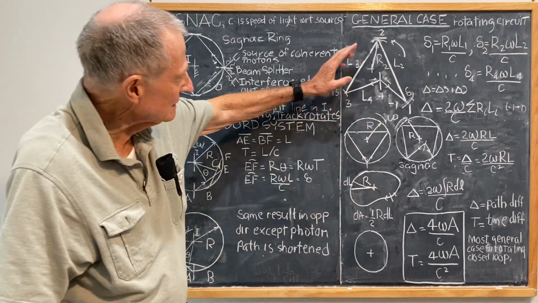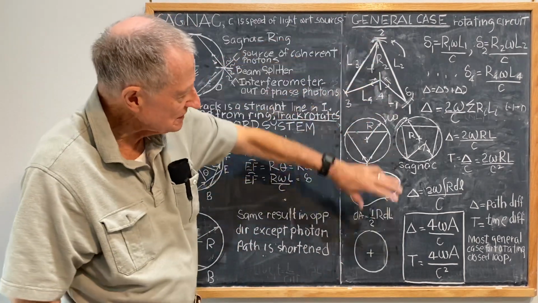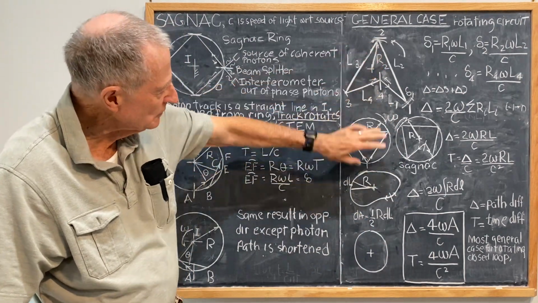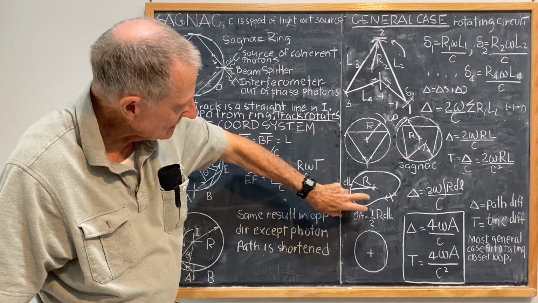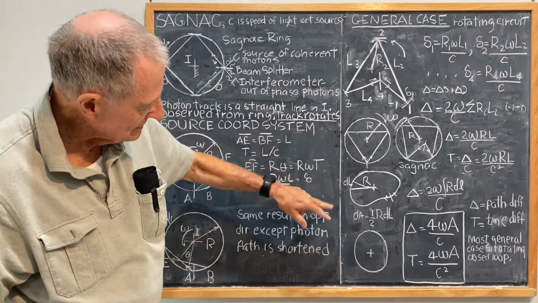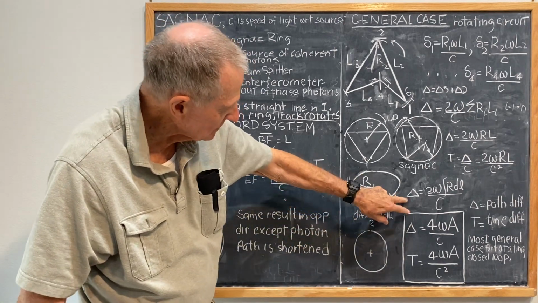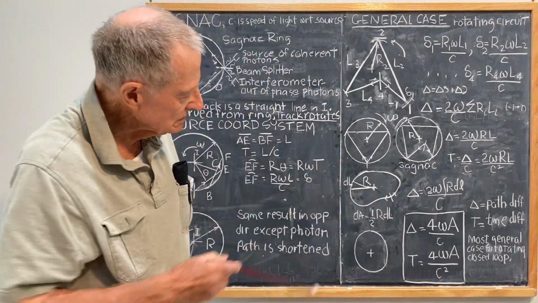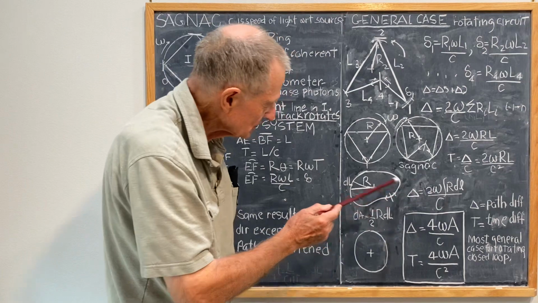But it's a good thing that I went through this sequence, because if I hadn't looked at that and thought about it, I never would have realized that this result over here, the summation of Ri Li, is the integral R dL for a closed loop.